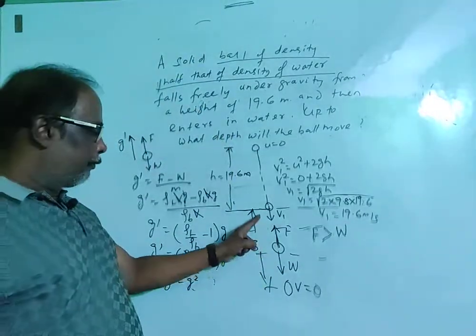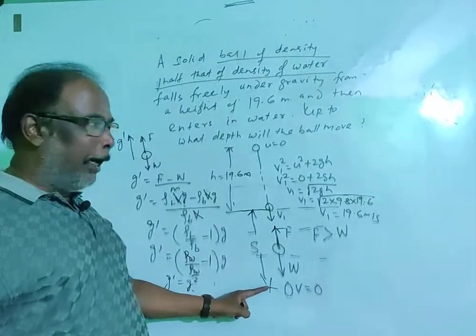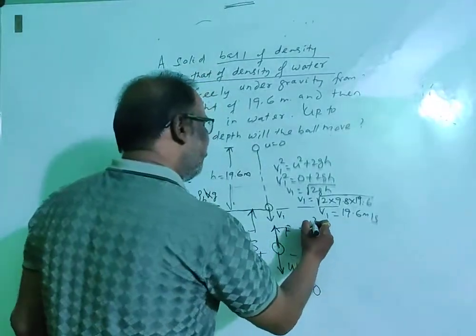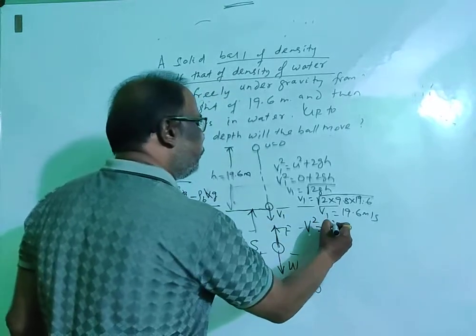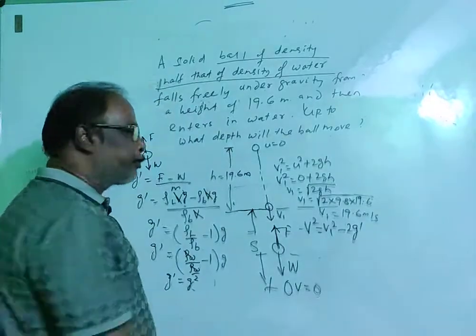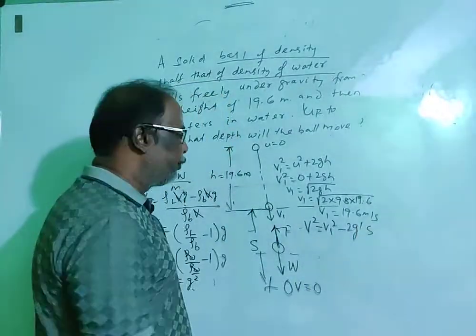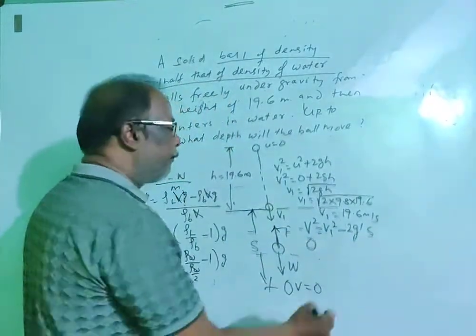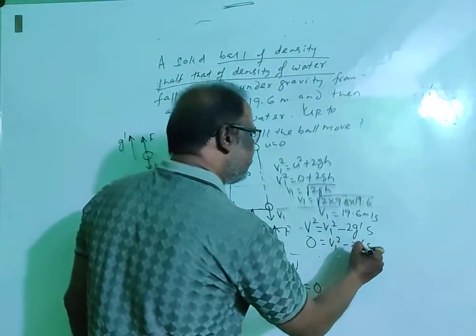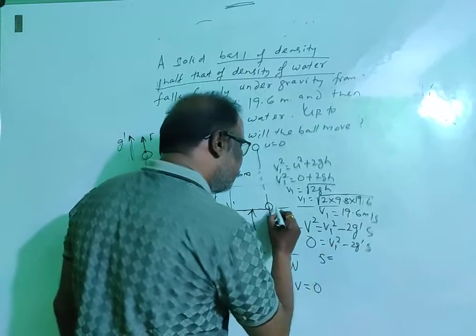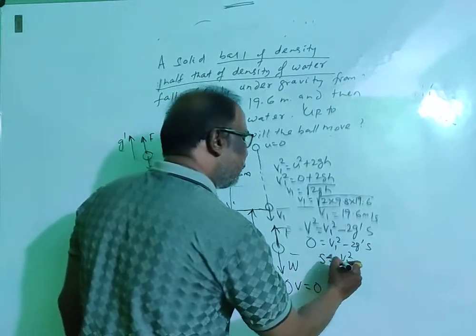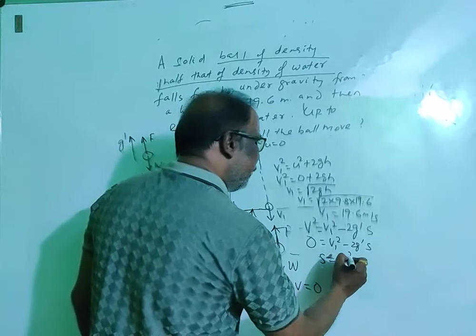Now, through what depth has the body travelled? Final velocity is 0. V square is equal to U square minus 2 into acceleration, G dash, into displacement S. Final velocity is 0. So 0 is equal to V1 square minus 2 G dash S. So displacement, means total distance travelled by the ball, is V1 square by 2 G dash.